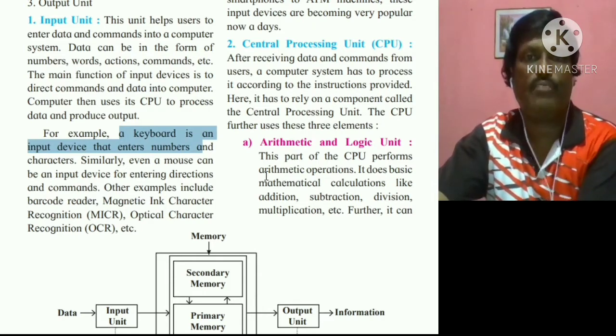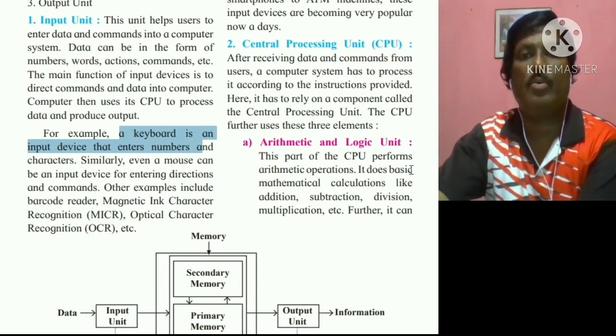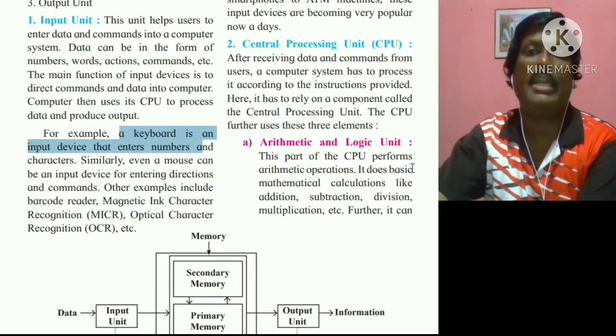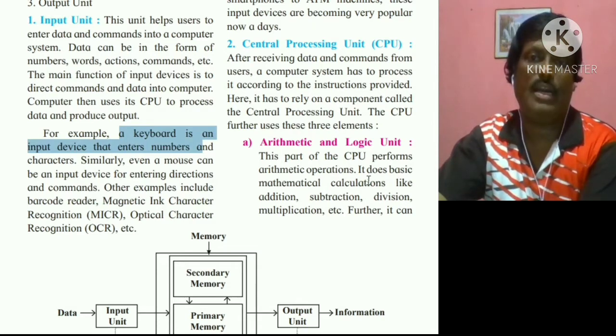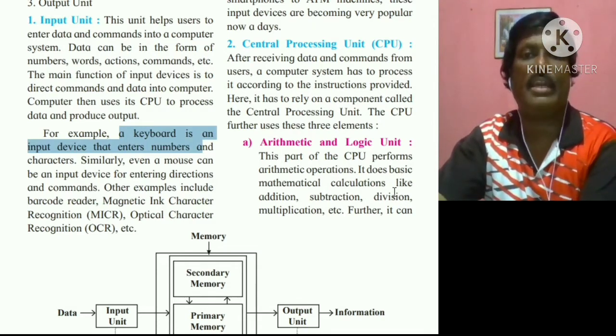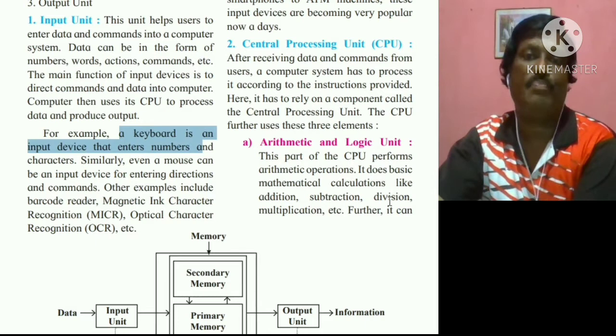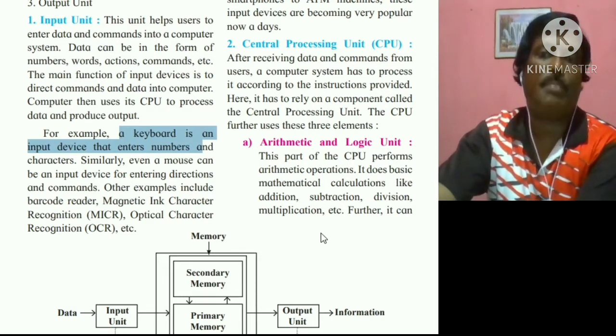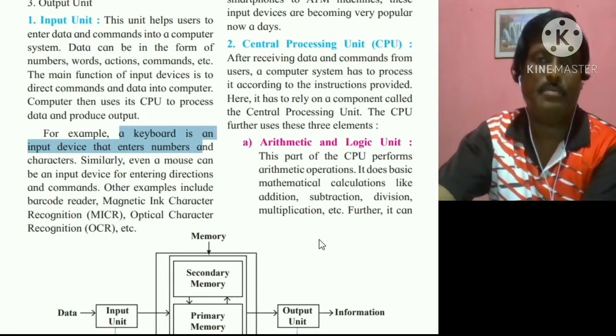Now see the first unit, arithmetic and logic unit. This part of the CPU performs arithmetic operations. It does basic mathematical calculations like addition, subtraction, division, multiplication, etc. Okay.